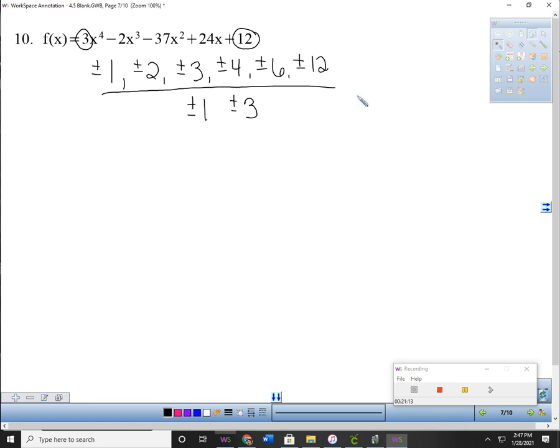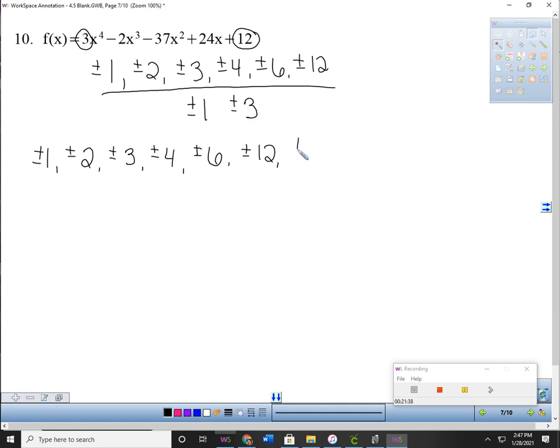So we'll take every number on top and divide that by 1, which would just give me every number on top. And then we're going to take every number on top and divide it by 3.